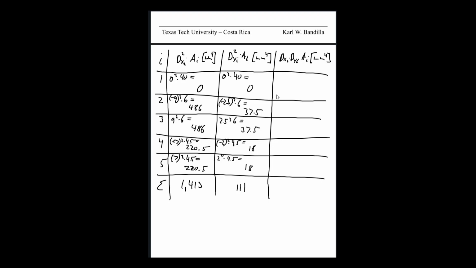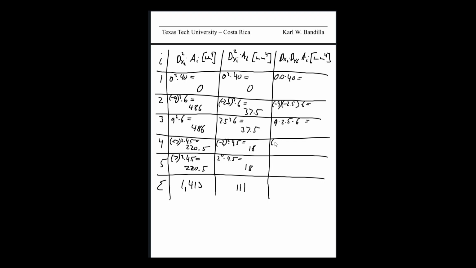All right. Now we have 0 times 0 times 40. We get minus 9 times minus 2.5 times 6, so 9 times 2.5 times 6. These are all symmetrical.